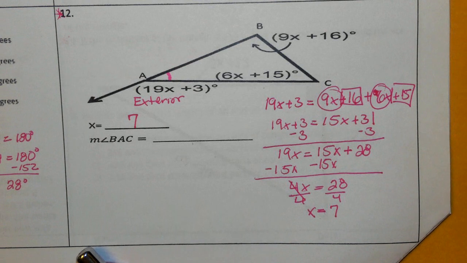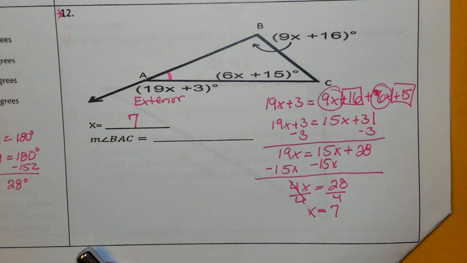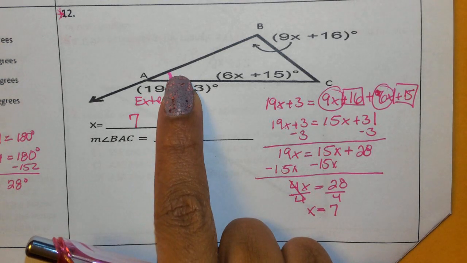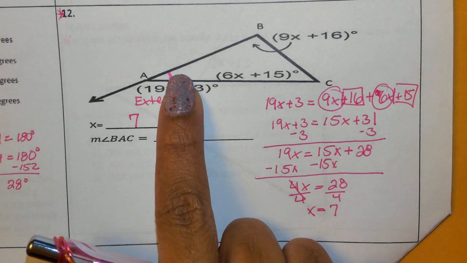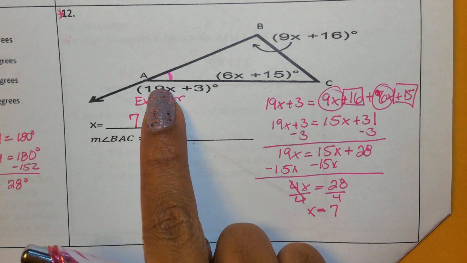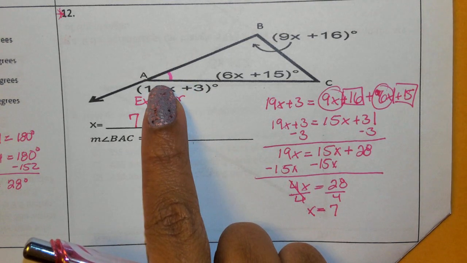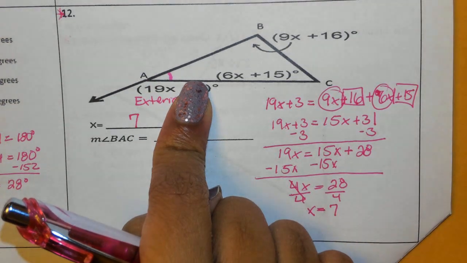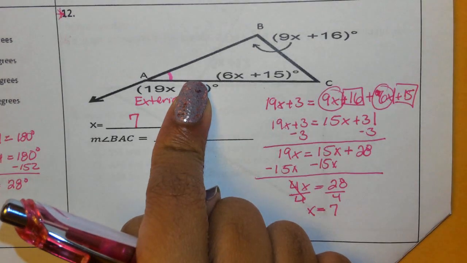You know that the sum of a triangle is equal to 180, so you could fill in those other two angles and then subtract, which is the longer way to do it. Or, since we know that the exterior and the interior angle are these two angles that are adjacent to each other and equal 180 degrees, linear pairs, we can set that up and solve that way. And that's the way I'm going to choose, as I feel that is the easier way to do that.